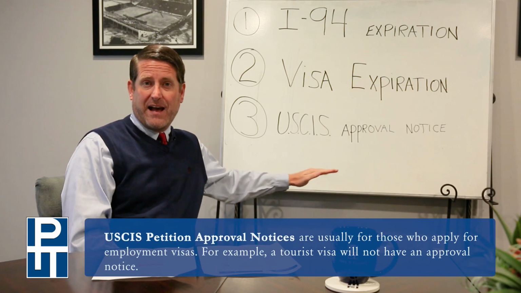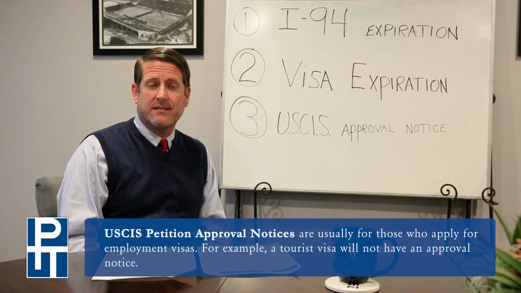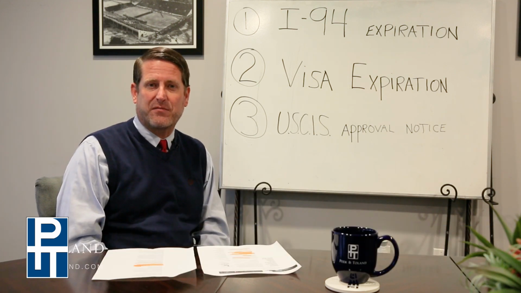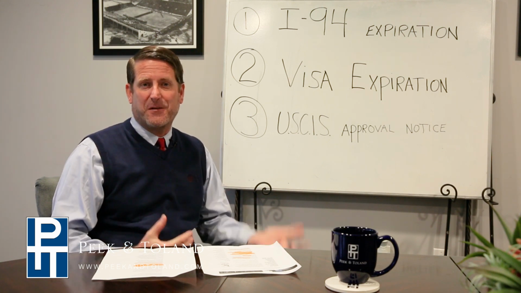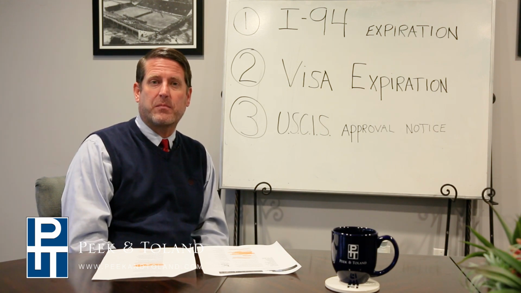Usually those are found for people who are applying for employment visas. You'll notice if you're on a tourist visa, for example, you usually don't have a USCIS petition. You just apply for those at a consulate or an embassy abroad. But for certain types of work visas, H's, L's, O's, you have to file a petition and you're given an approval notice.